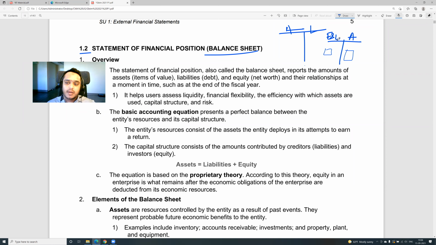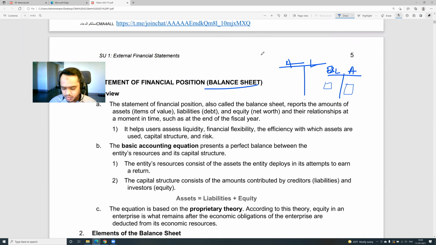What is the value of equity? Assets minus liabilities equals equity, assets minus equity equals liabilities, and equity plus liabilities equals assets. These are basic accounting equations, but still very important for you to understand.